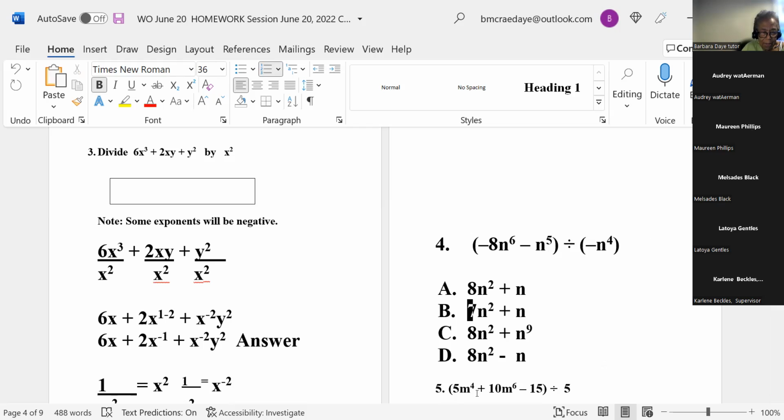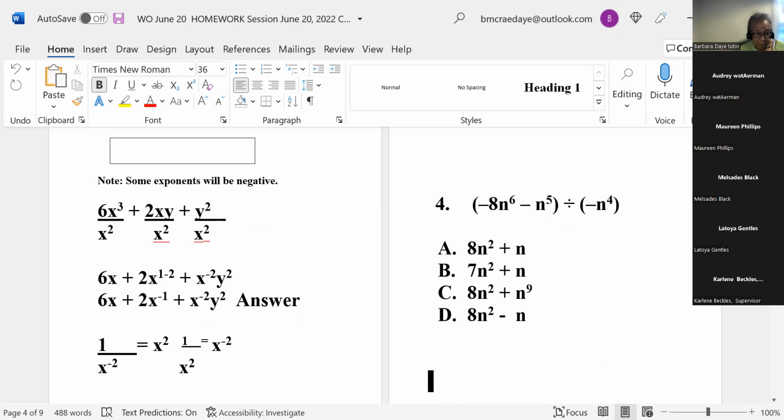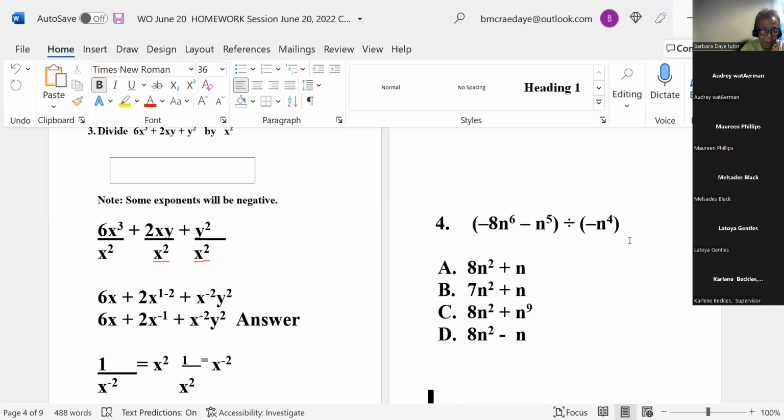If we take this n to the 4th and okay, let me do it like this. Think of it as a factor. Minus n to the 4th times what gives you minus 8n to the 6. So let me just take this here. I think from the factoring way, you'll be able to get it.